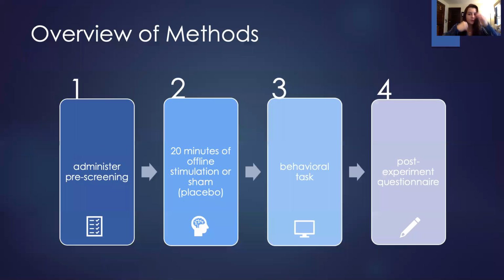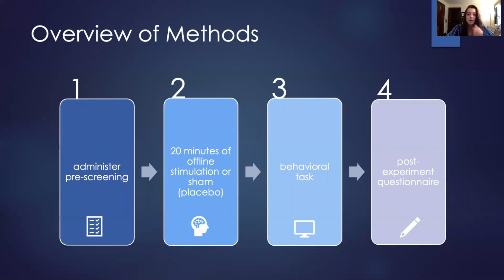So here's a quick overview of our methods before I get into more specific details. First, participants were administered a pre-screening, both online prior to the experiment, as well as in person in the lab when they came in for the study. This was to ensure that it was going to be safe for them to participate.